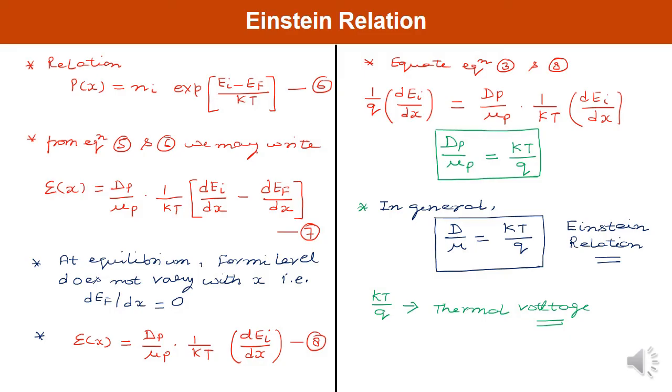This particular equation is valid for both types of carriers, electrons or holes. So the Einstein relation is extremely useful in the discussion of current flow problems in a number of semiconductor devices. Wherever there is a requirement to evaluate current flow problems, the Einstein relation is very much useful.